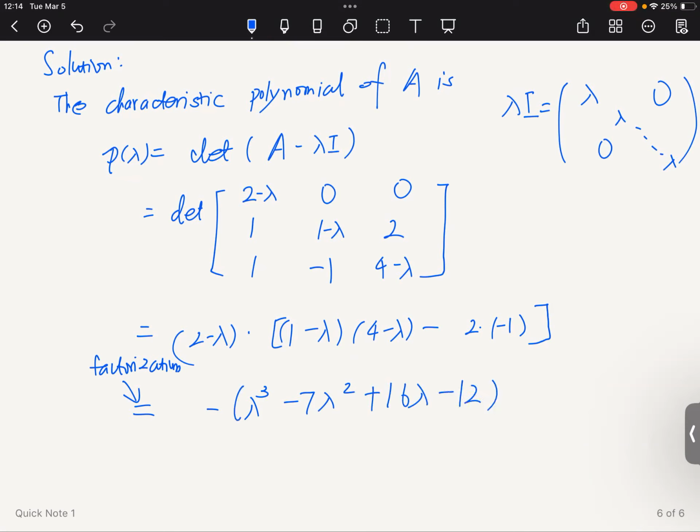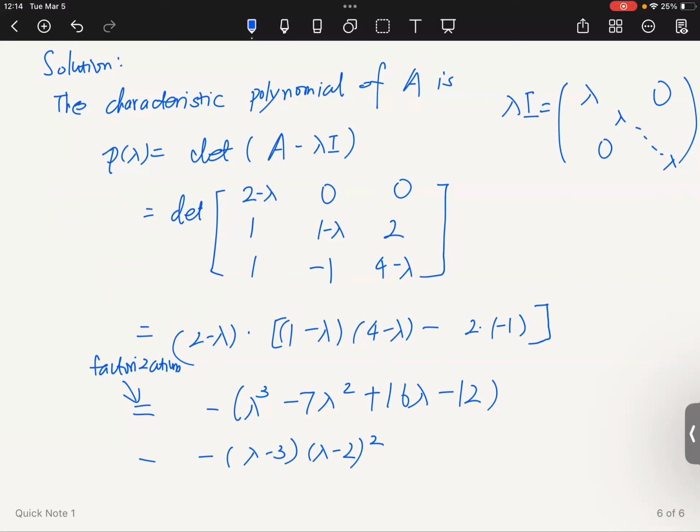And then if you do the factorizations for this one, you would get negative lambda minus 3 times lambda minus 2 squared. So actually, if you have a calculator, maybe you don't need to calculate it by hand, and you just need to put this into the calculator, and then ask the calculator to solve for lambda for you. You can do this. You don't need to calculate it by hand.